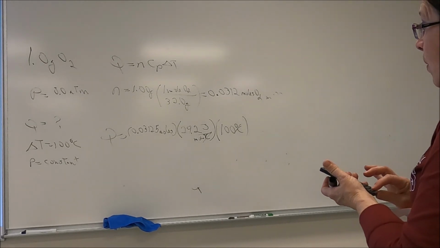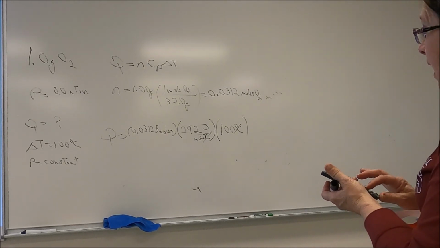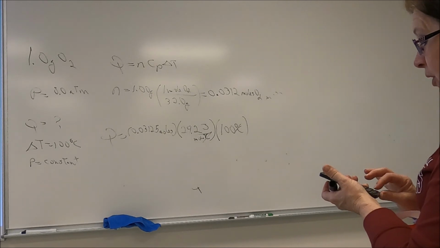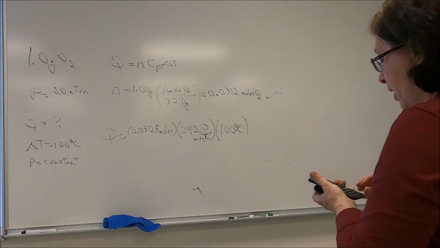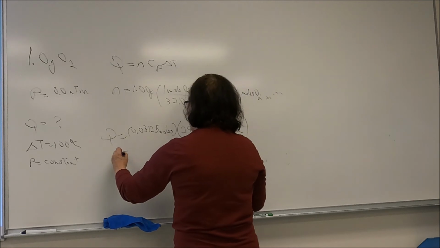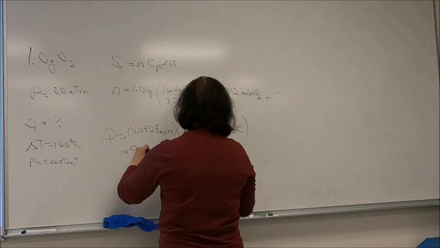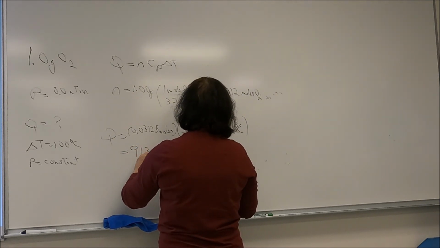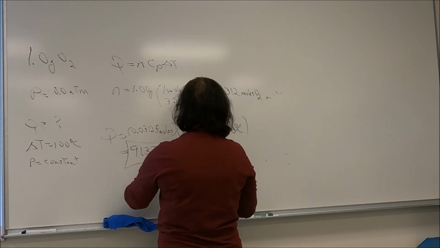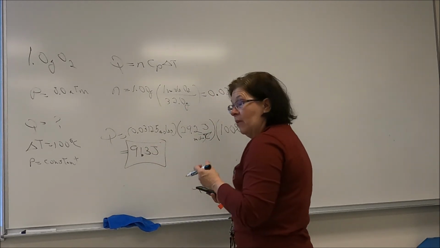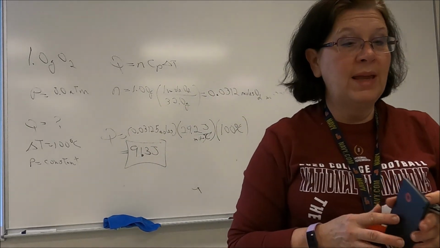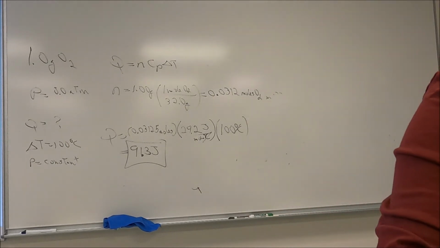So 0.03125 times 29.2 times 100 says that we need 91.3 joules of energy. Now, I would expect it to be positive because we increased the temperature.